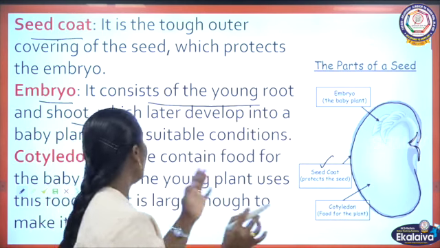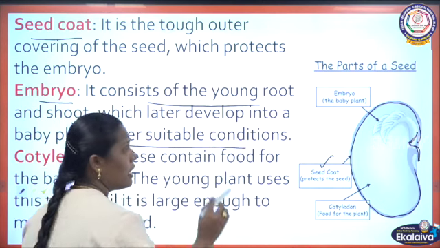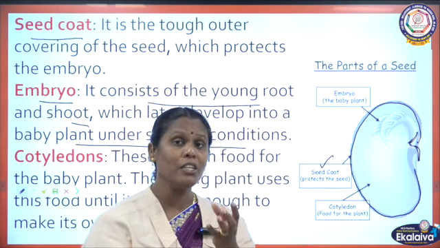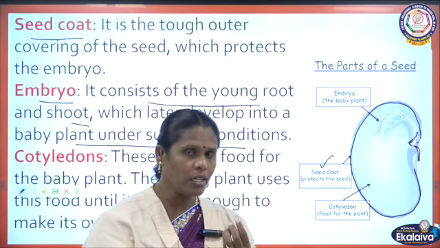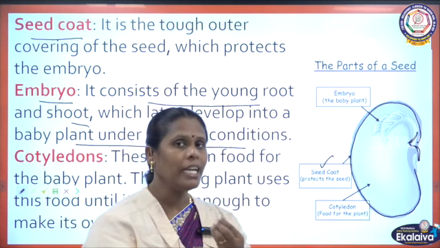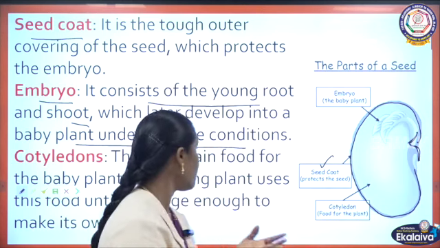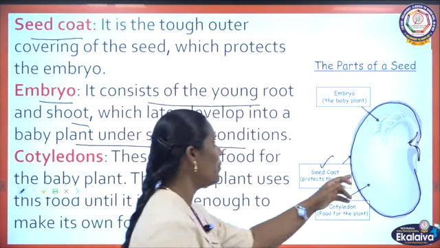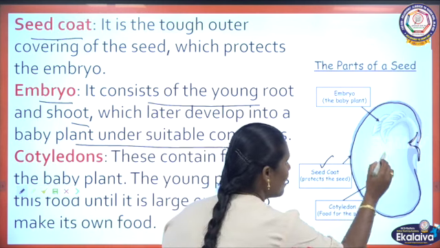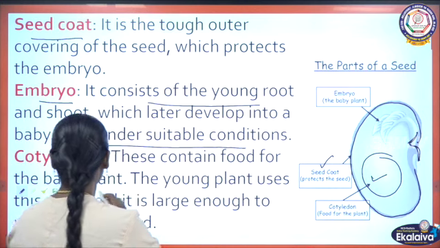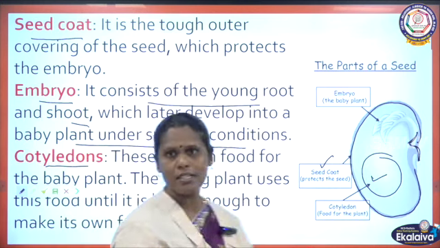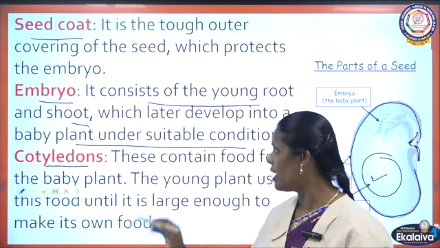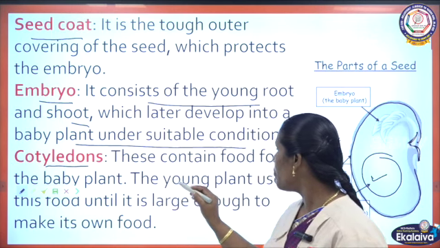So that is a baby plant. When it gets suitable conditions, warmth, water and food, it germinates. So, how does it get food? That food is stored in the cotyledon. This is the cotyledon. So that is the third part. First one seed coat, next embryo, this is the cotyledon.